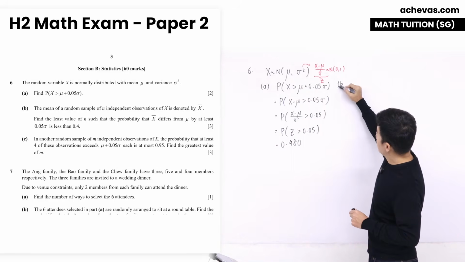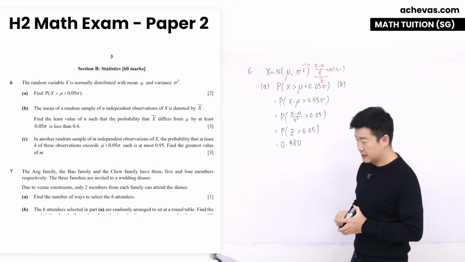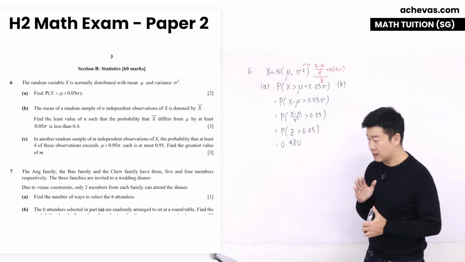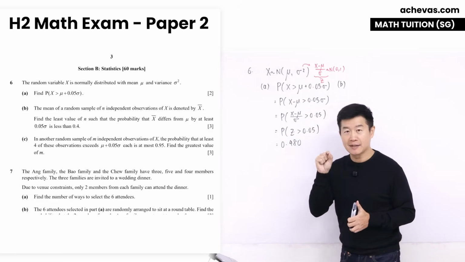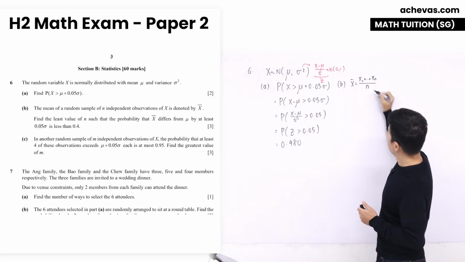Let's take a look at part B. Part B, we are given that the mean of a random sample of n independent observations of X is denoted by X bar. So X bar is going to be equal to X1 plus X2 all the way until Xn divided by n.